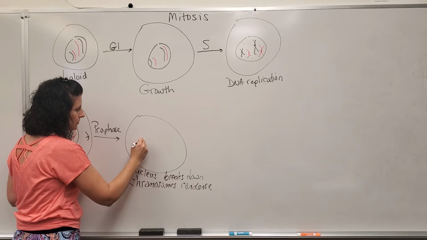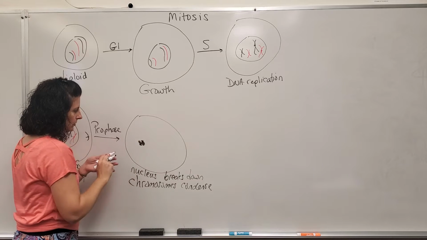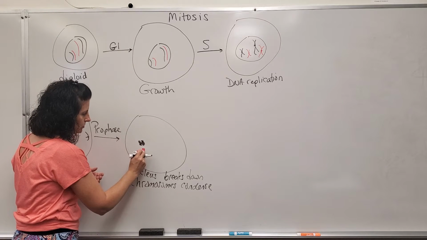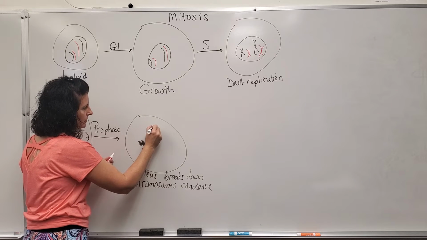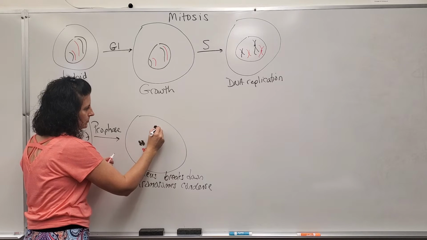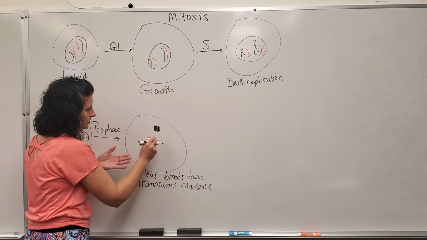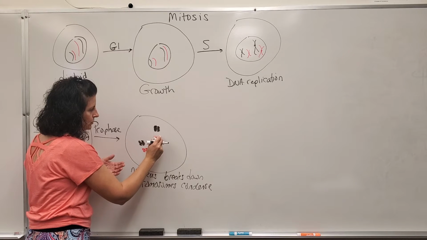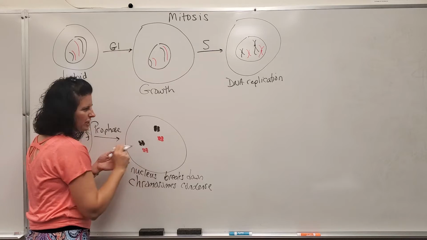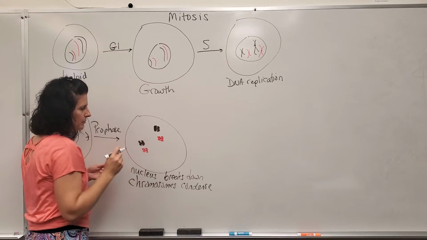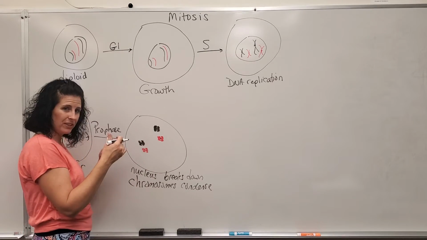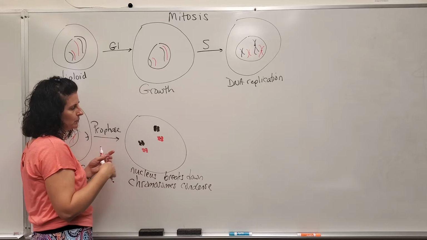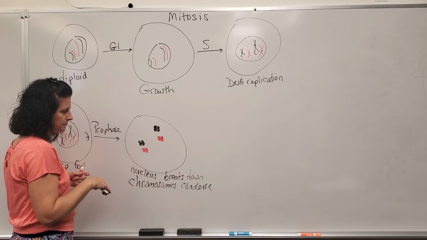So our chromosome 1, both of those are going to get just a little shorter, a little thicker. Same thing with our chromosome 2s. So they're still duplicated. Again, just trying to make them a little shorter, but also a little thicker. This prevents them from getting all tangled up whenever we start to separate them.